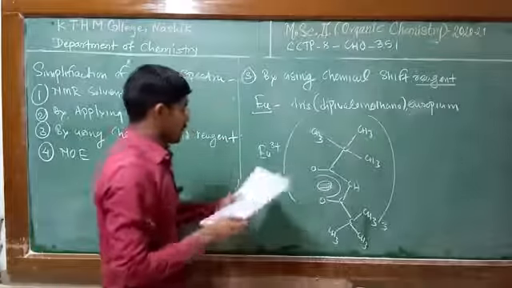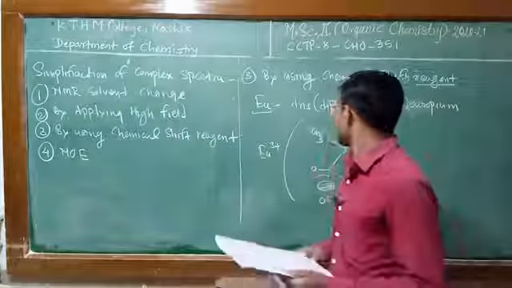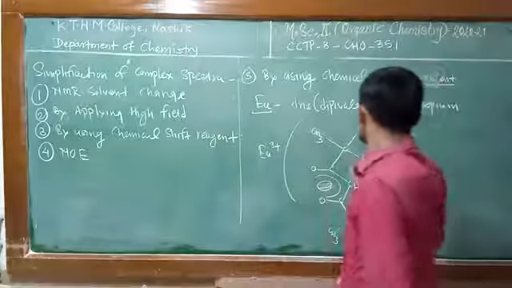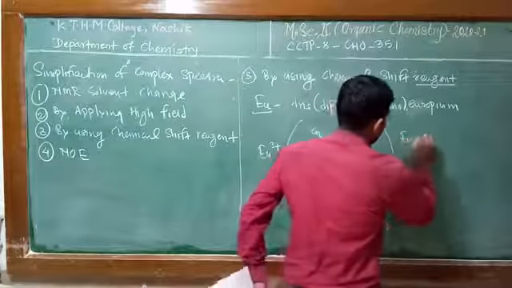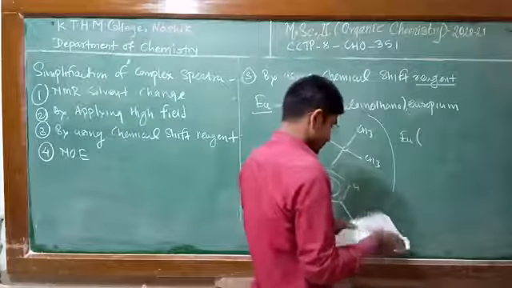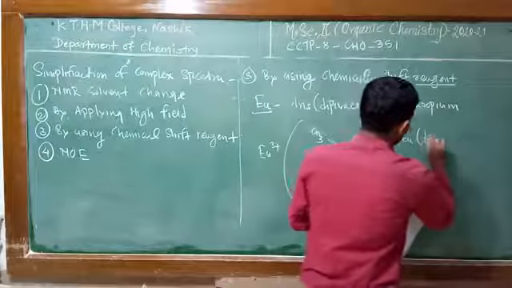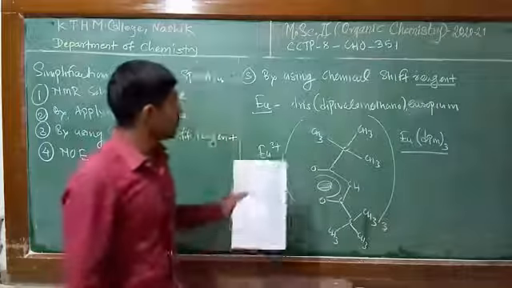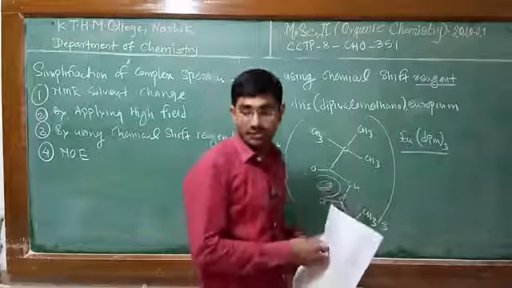This is the structure of this compound, simply written as Eu(DPM)3. This type of organic complex is most often used as a chemical shift reagent.